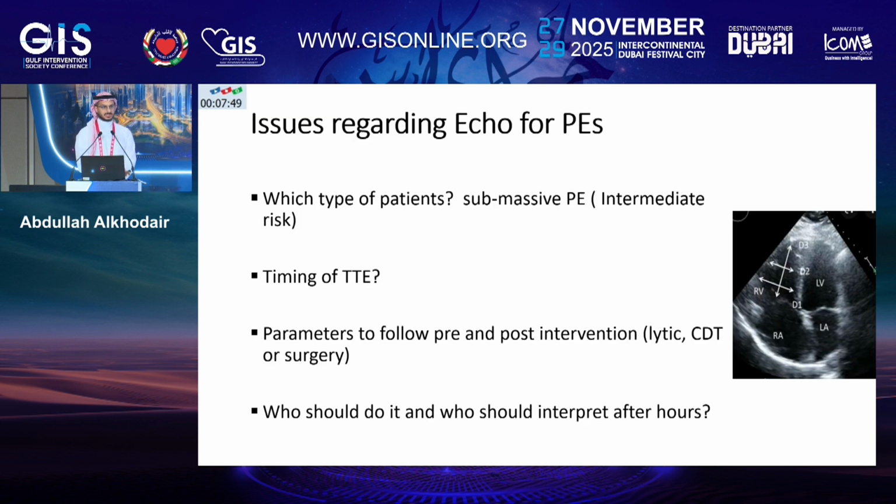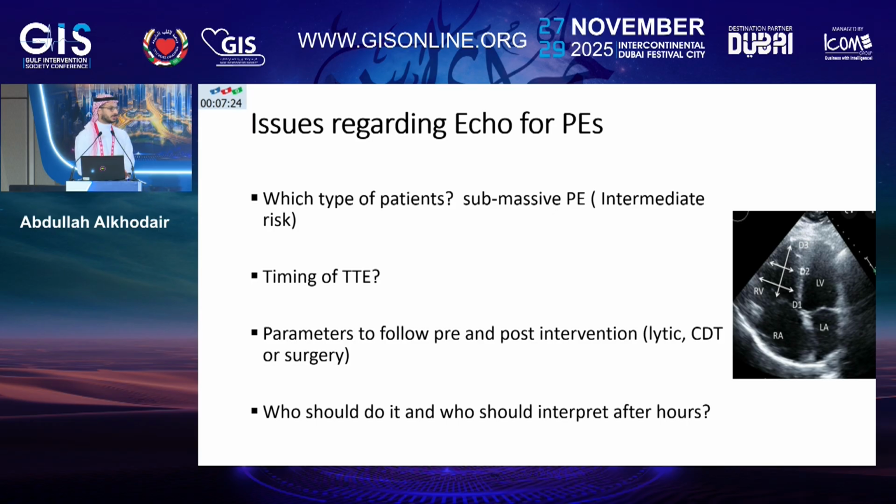A few questions: when do we perform the echoes? If you have someone coming in in the middle of the night with PE, do you need to do it right away, or can you wait until the morning? And if you do it off hours, who's going to read it? Is it the cardiology fellows, or the attending who is going to confirm the findings? And what kind of detailed parameters would you go for?